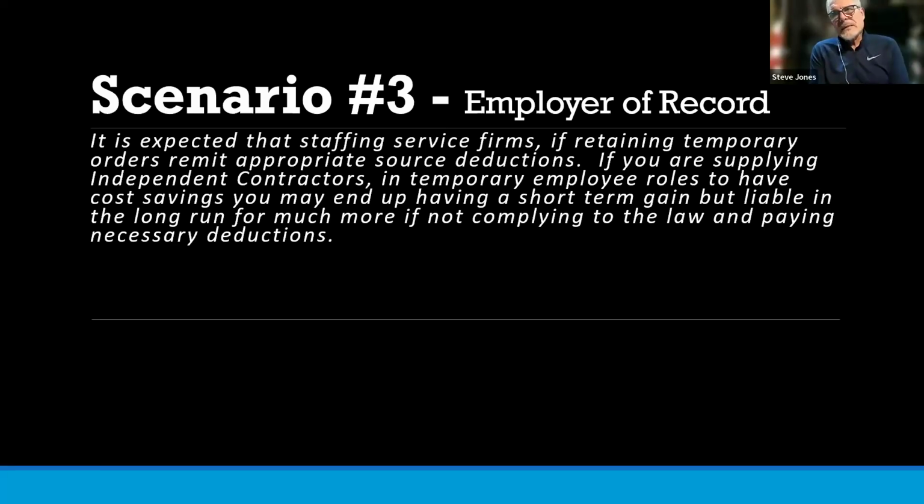So what this scenario says, okay, we've got some workers, we're supplying them to the customer. We didn't ask the question, are they an employee? And do they meet the normal definitions of employee? We just automatically treated them as independent contractors.